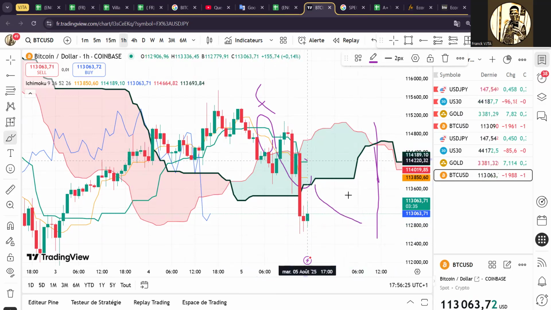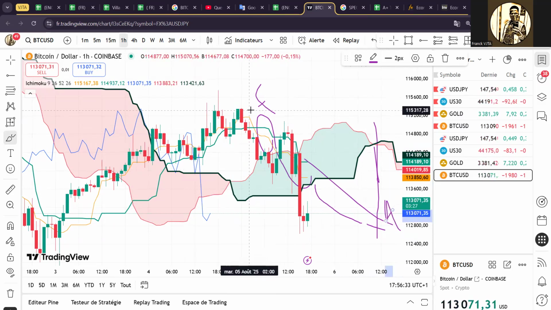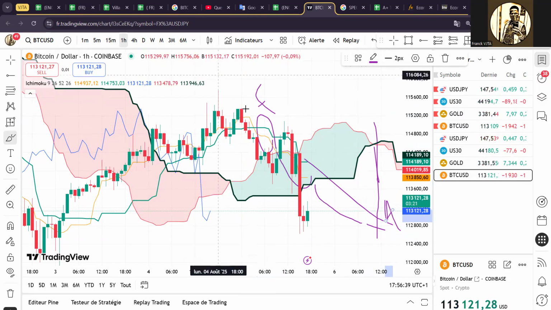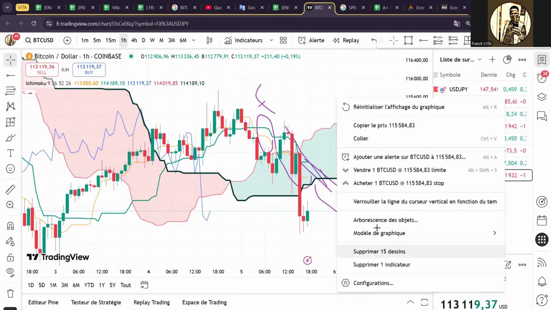If TK comes like this and then TK crosses here, we start having the adult TK. But for the moment, we are in a young market, in a young TK cross, in a young volume that still has the impulse to go down. Okay, that's a young volume. That's how you look at it.